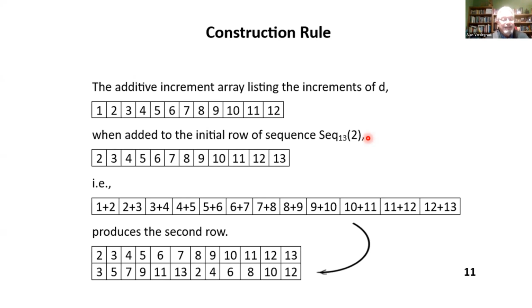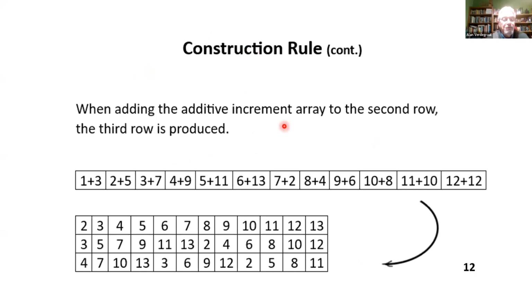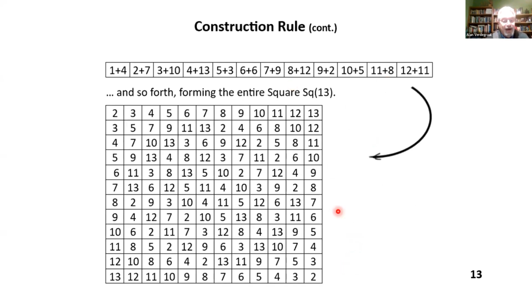And then what we do to get the second row is to add these 2 arrays together. And then we can use that additive increment array again to add to the second row to get the third row. And then keep on going all the way down until we complete the array in itself.